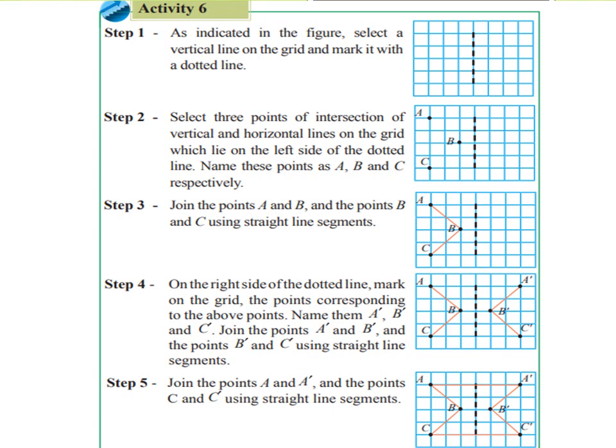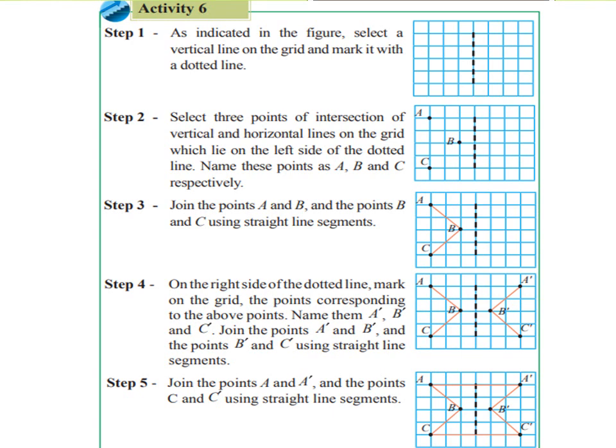Activity 6. In this one, you can see 6 steps. Step 1. As indicated in the figure, select a vertical line on the grid and mark it with a dotted line. Step 2. Select 3 points of intersections of vertical and horizontal lines on the grid which lie on the left side of the dotted line. Name these points as A, B and C respectively. Join the points A and B and the points B and C using straight line segments.